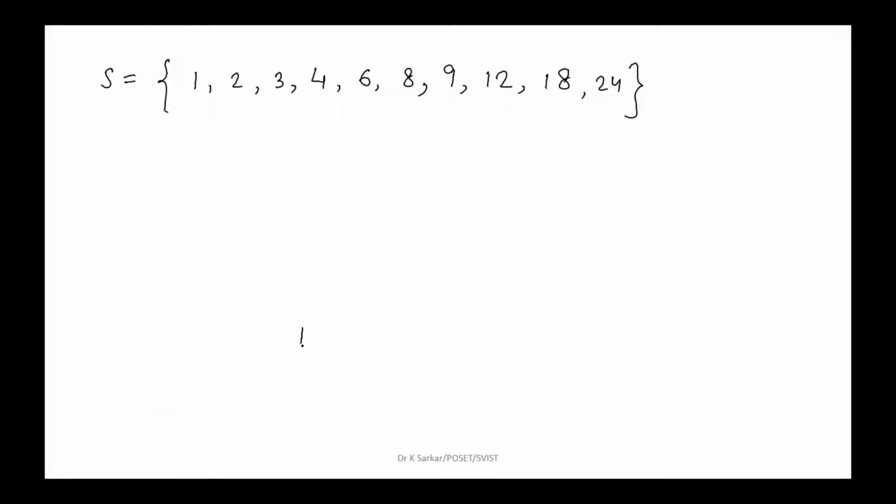Here 1 divides 2, 2 divides 4, 4 divides 8, 8 divides 24. 1 divides 3, 3 divides 6, 2 divides 6, 6 divides 12, 4 divides 12, 12 divides 24, 3 divides 9, 9 divides 18, 6 divides 18.